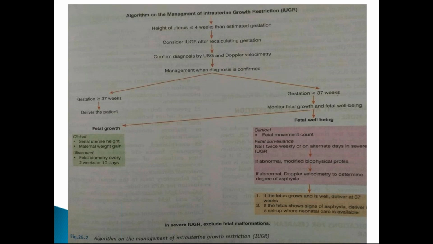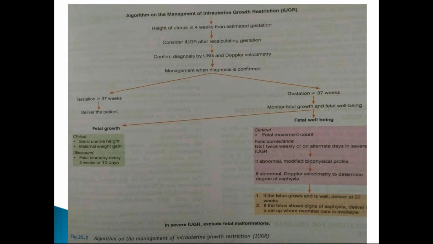If nothing is detected and there are no abnormalities, only then can you allow her till 37 weeks and deliver normally. If at any time there is fetal asphyxia, you have to terminate. But for that, you need sufficient support from the neonatal ICU and pediatricians.